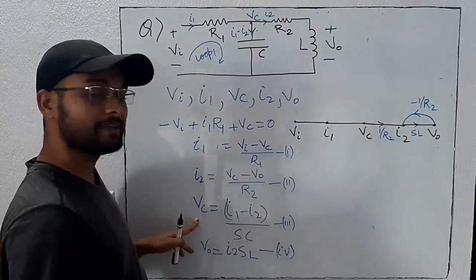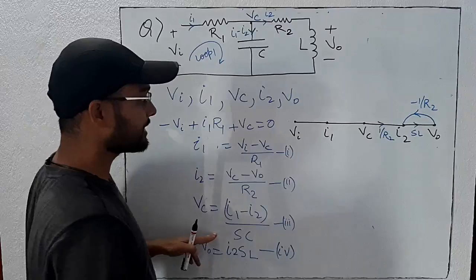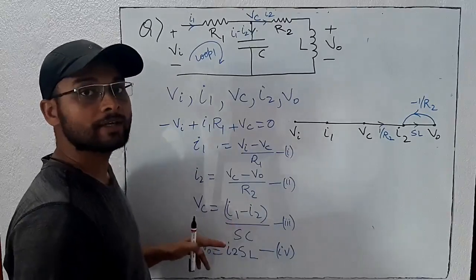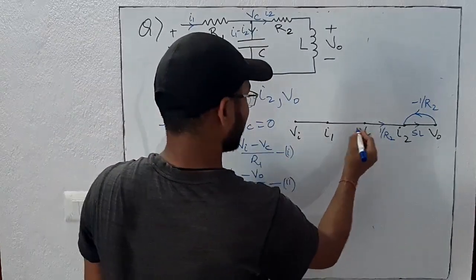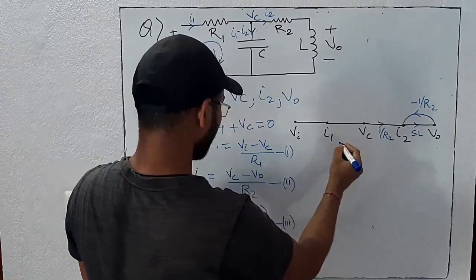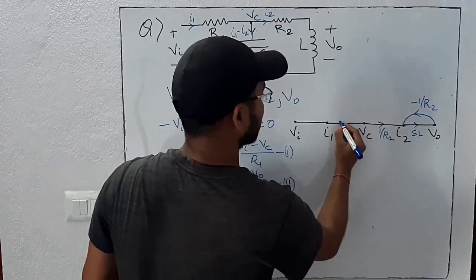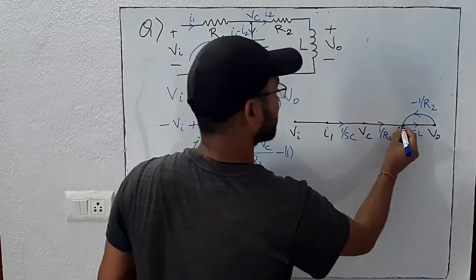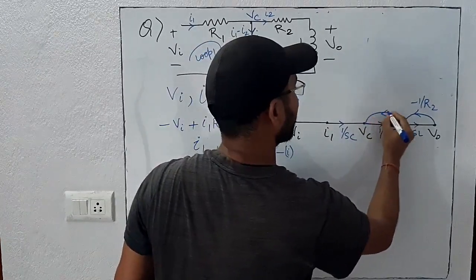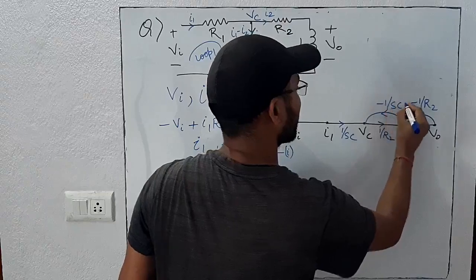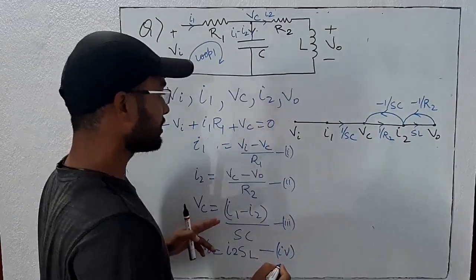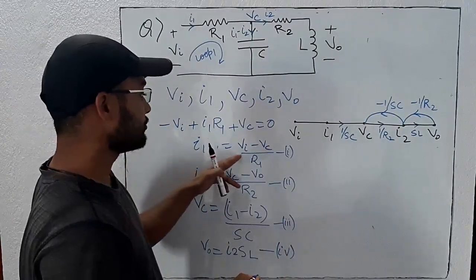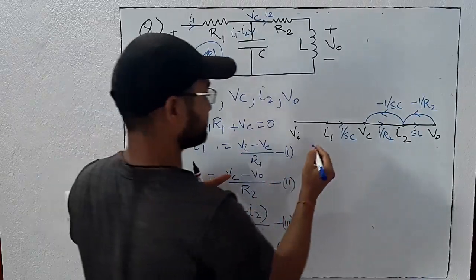Now we will do it for VC. VC is equal to I1 by SC minus I2 by SC. So from here it will be 1 by SC. From I2 it will be minus 1 by SC. So we have done this equation also. Now for I1 we will do VI by R1.